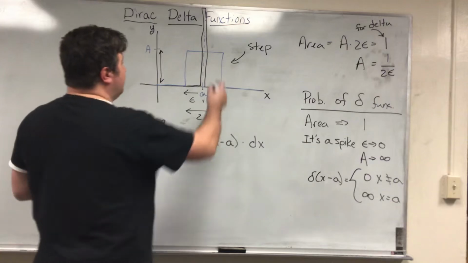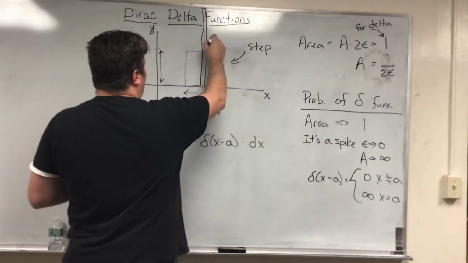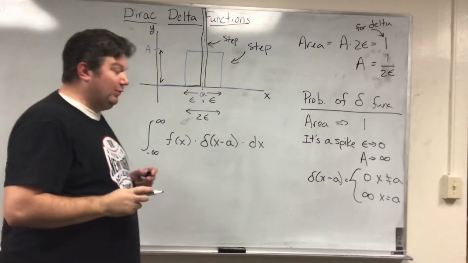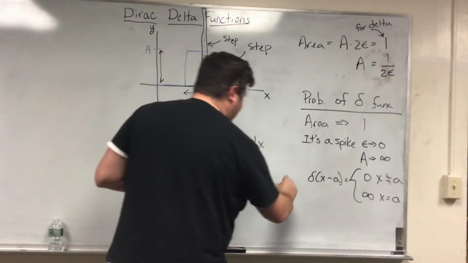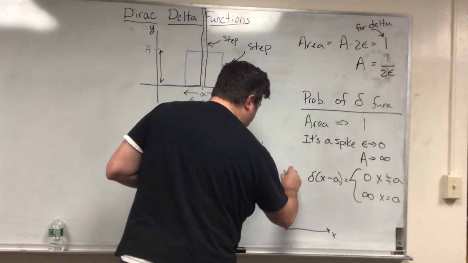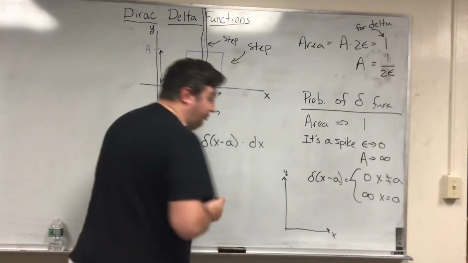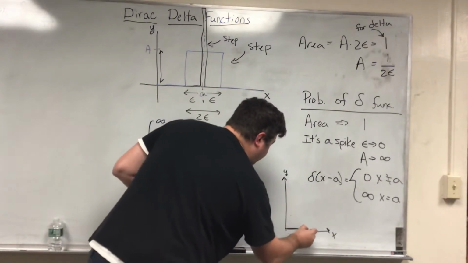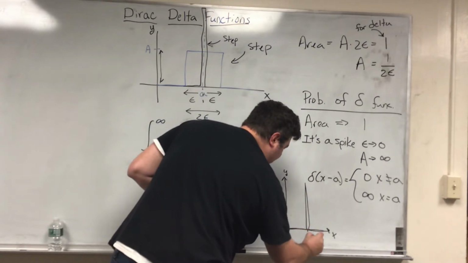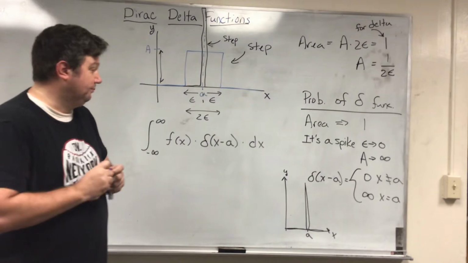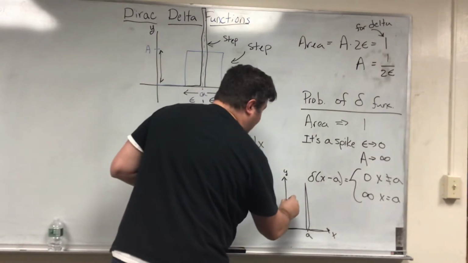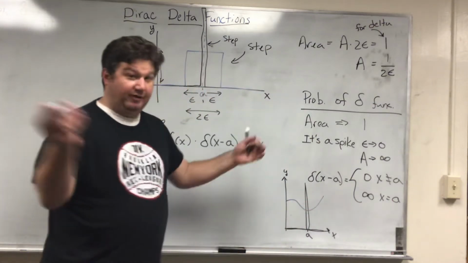Well, if we choose the model of the step function, and we take a look at it, your delta function is 0 everywhere except for one point where you get a small spike at x equals a. But your function f of x is going to be curvy, doing whatever f of x does.